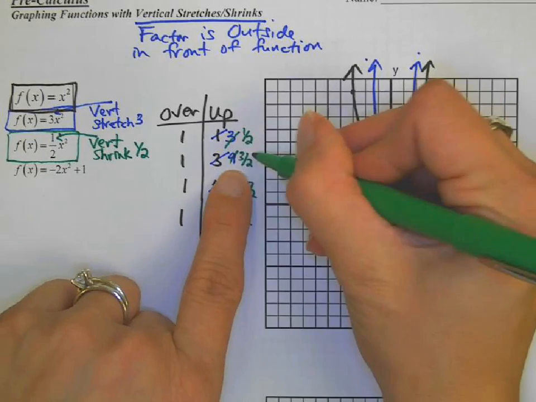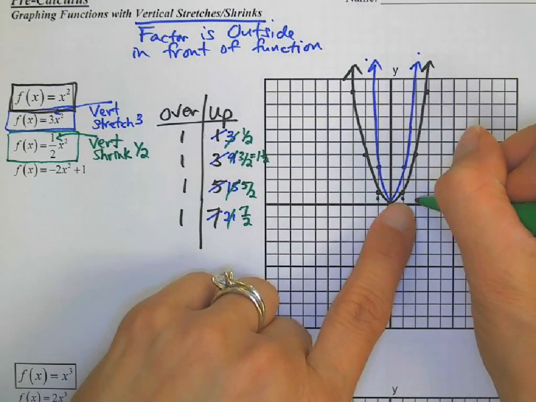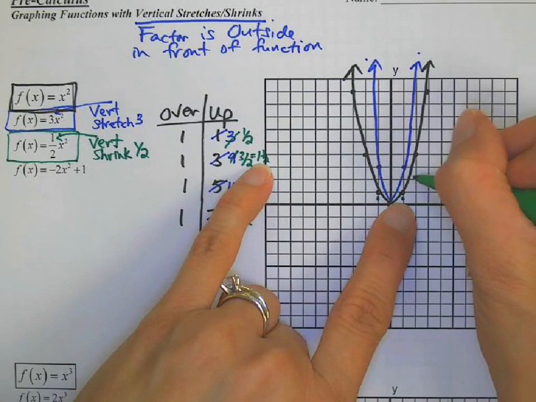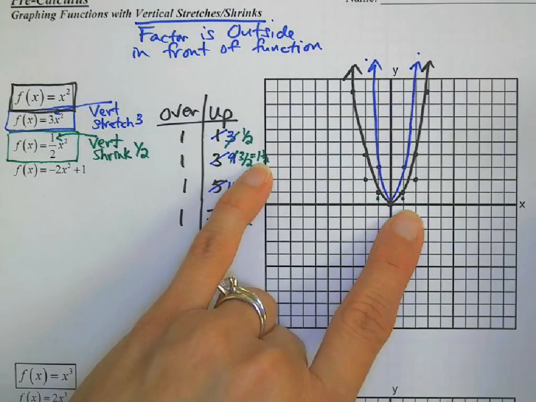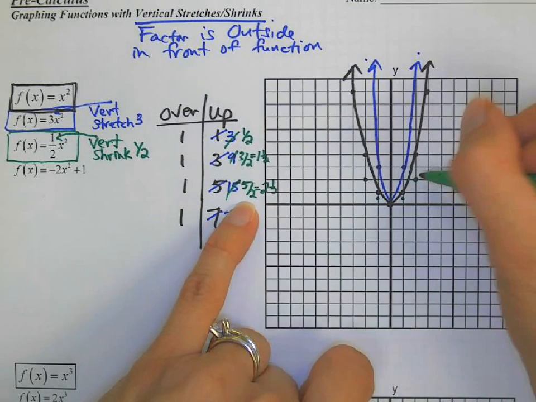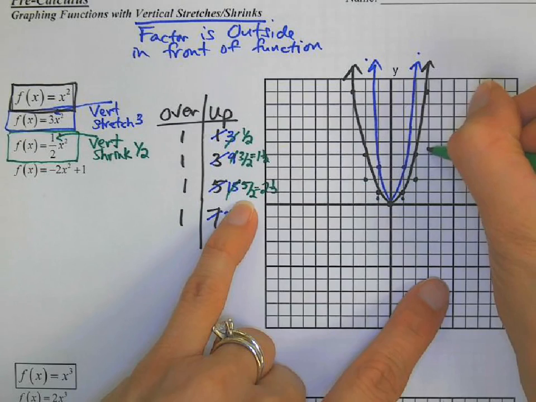Now I have to go 3 halves, which is 1 1/2. Okay, so if I go over 1, I have to go up 1 1/2. That means half of a box completes it, and then up 1. So you should be at the point 2, 2 and negative 2, 2. Okay, 5 halves is 2 1/2. So you go over 1, up 2 1/2.